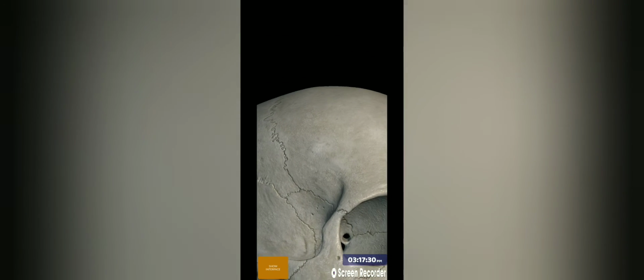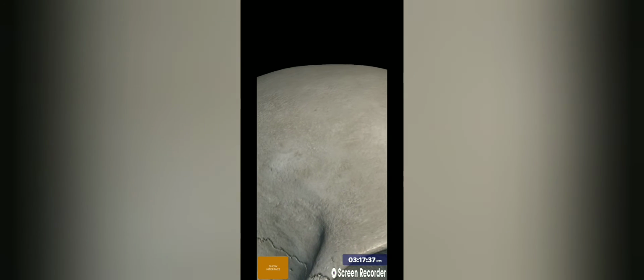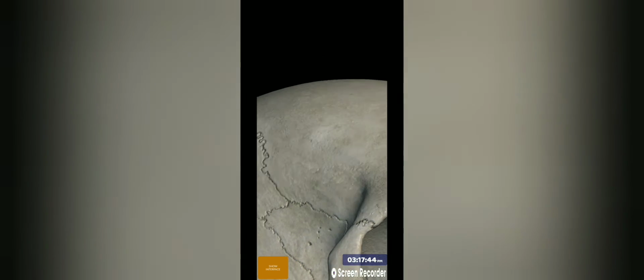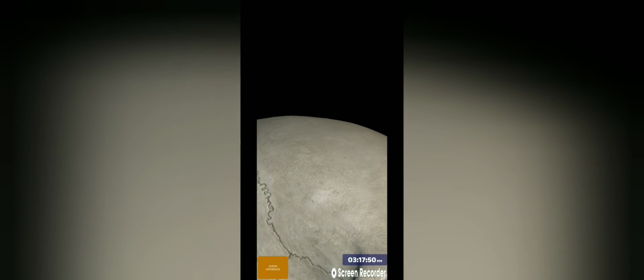Now coming to the temporal lines. So the temporal lines arise from the zygomatic process of the frontal bone. See, this one is the frontal bone, and this one is the zygomatic process. The temporal lines arise from here; you can see a curved or arced line going on here.